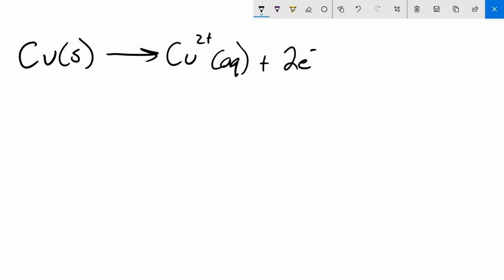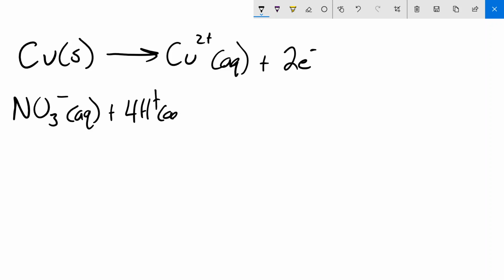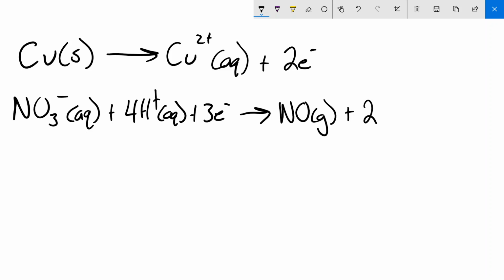And then it was our NO3- aq plus 4H+ aq plus 3 electrons produces NO as a gas plus 2 H2O as a liquid.